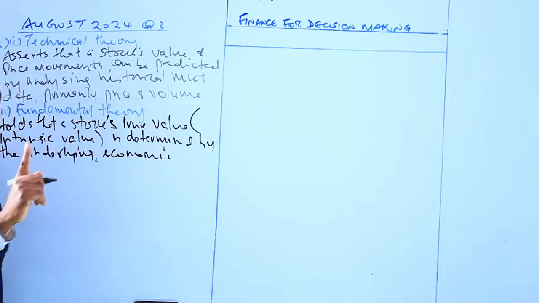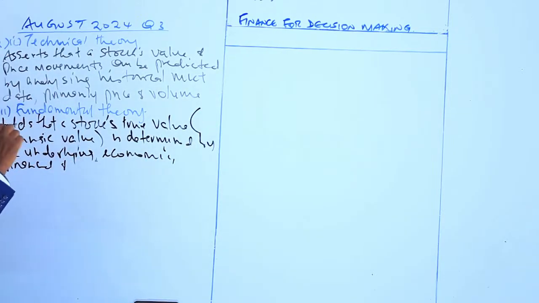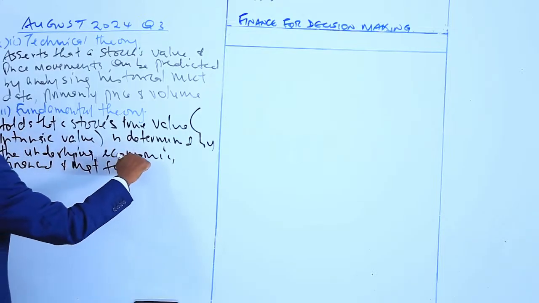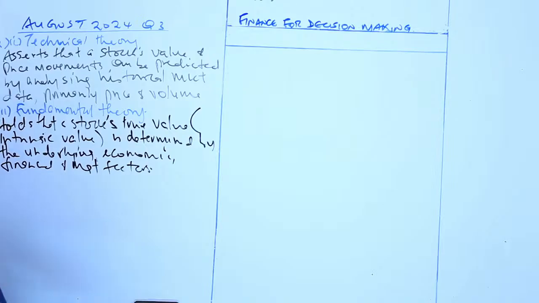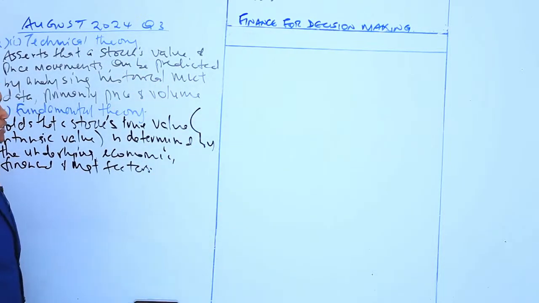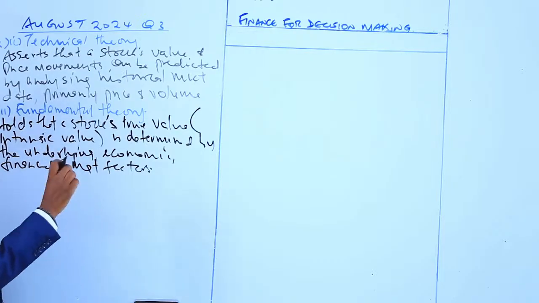economic, financial, and management factors. When dealing with this theory, you don't determine the value of a share by studying the past historical market data. No, you look at the underlying economic, financial, and management factors of the company.